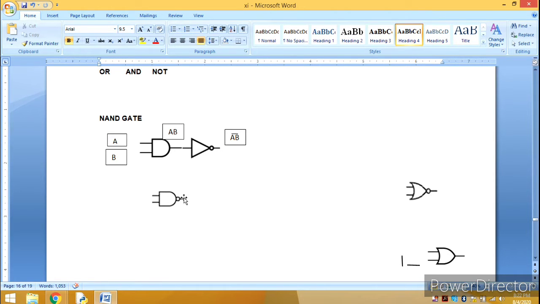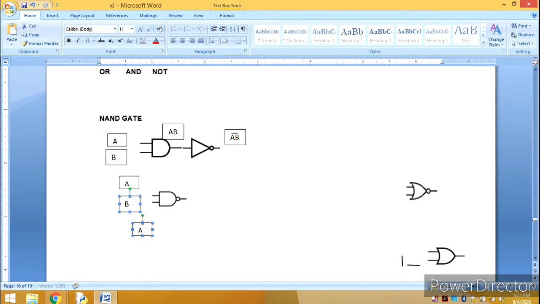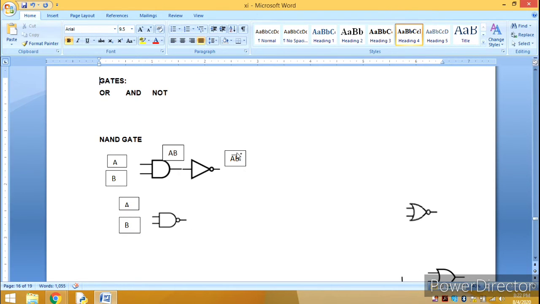The very first part is NOT, and this is AND. So both the combined operators are termed as your NAND gate. If you apply A here and B here, what will happen? The same output you are getting over here.